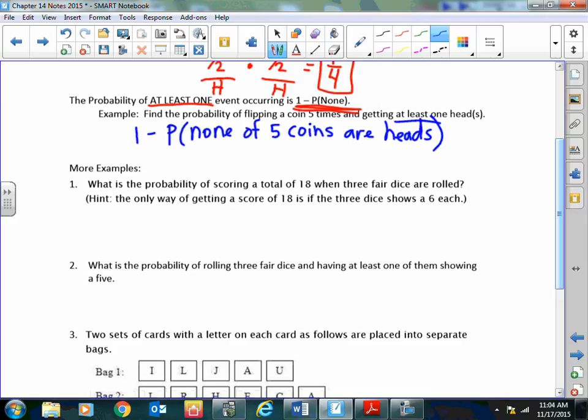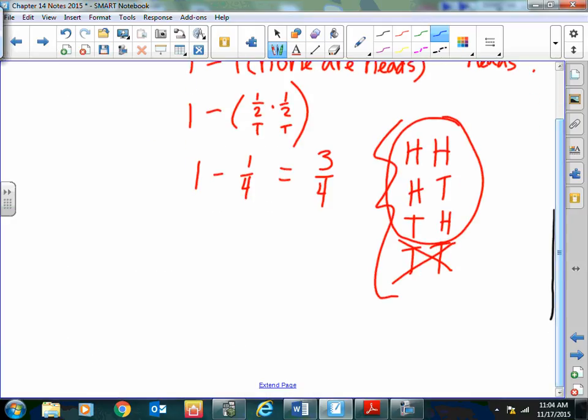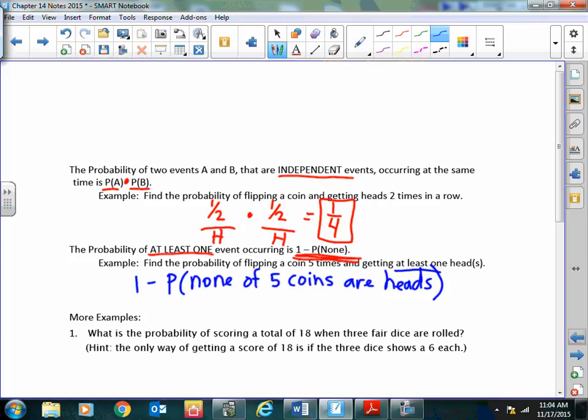Tails. In order to have at least one head, I have got everything except for all 5 of them being tails. Just like here. In order to have at least one heads, I have everything except for both of them being tails. Okay, well on the other thing, I've got everything except for all 5 of them being tails.